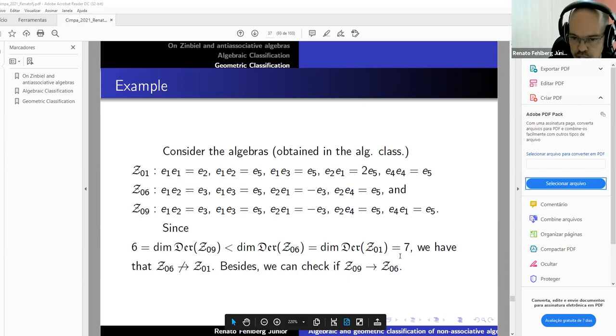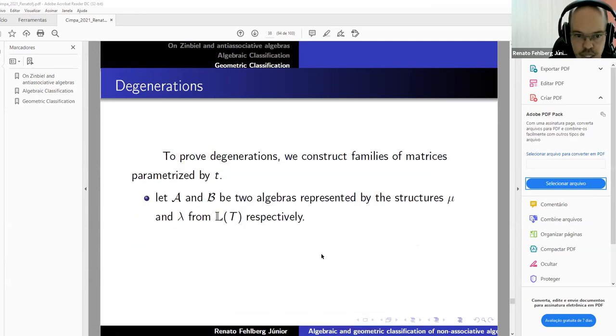We'll see this in the next example. Of course, this is an easy case to say that an algebra does not degenerate. In other cases, it's much more complicated to check. This is just a simple case.